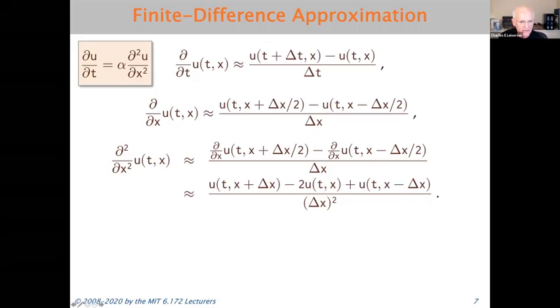And in the middle here, if you look carefully, you get them adding up, but the delta x over 2 and the minus delta x over 2 here, you're taking the opposite sign, so they cancel. And so you end up with just 2u of t comma x over delta x squared. And you can take a look at this on your own, this is on Wikipedia, this is everywhere.